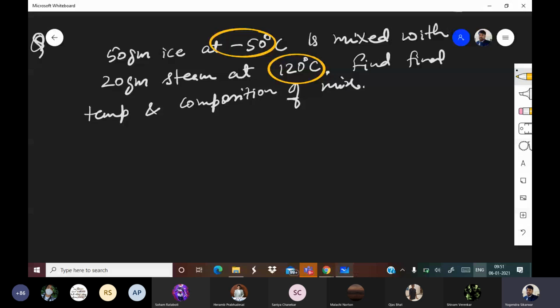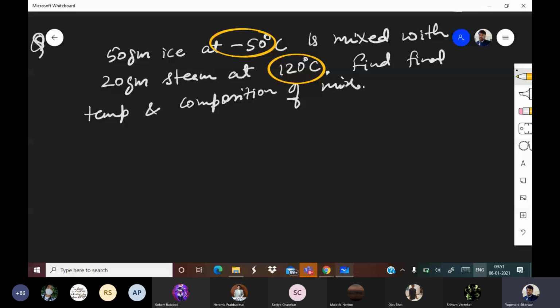The problem which you might have faced in this question is that there are two airports. One airport is at 0 degrees Celsius where a state change occurs, and the other airport is at 100 degrees Celsius where a state change occurs. So which airport to take?